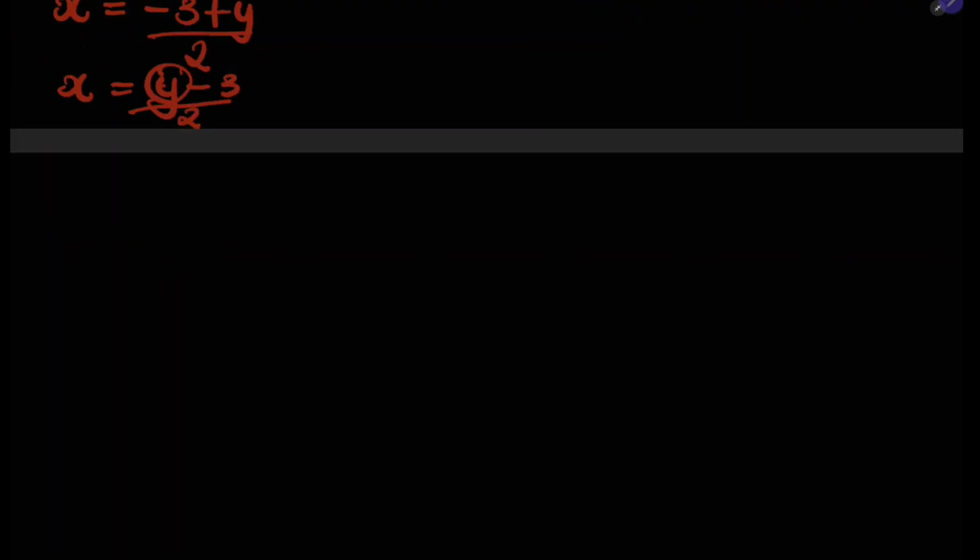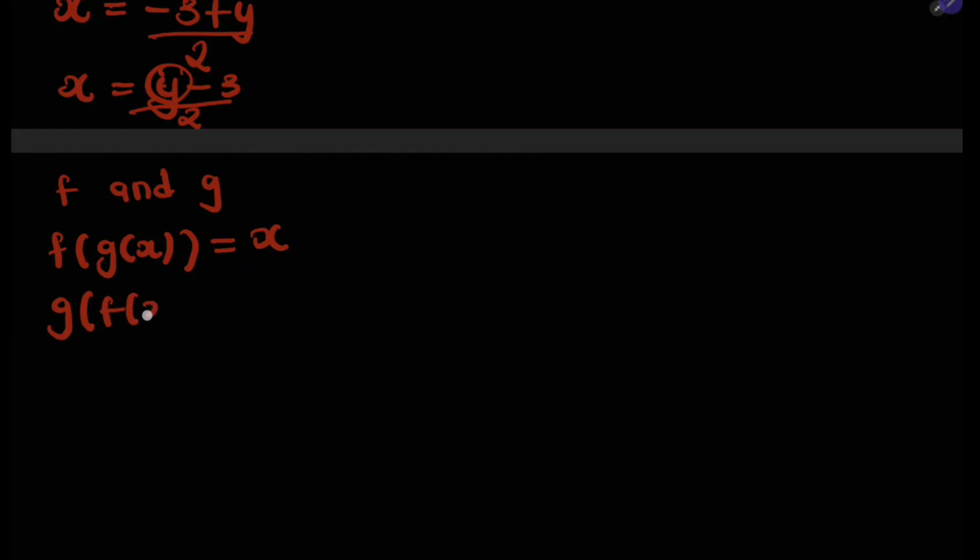Okay, so how do we check if two functions are inverses? Let's say f and g are inverses if f of g of x is equal to x and g of f of x is also equal to x. Now let's have an example.